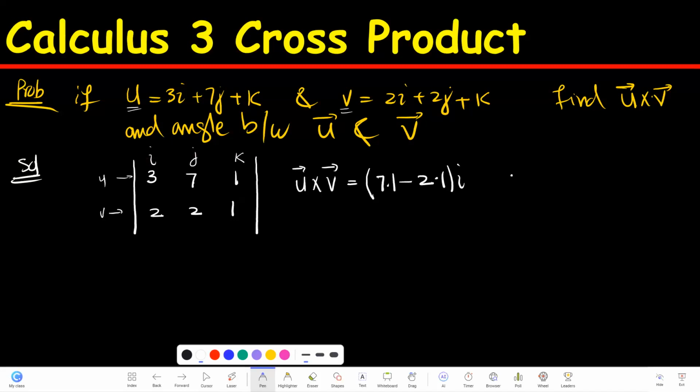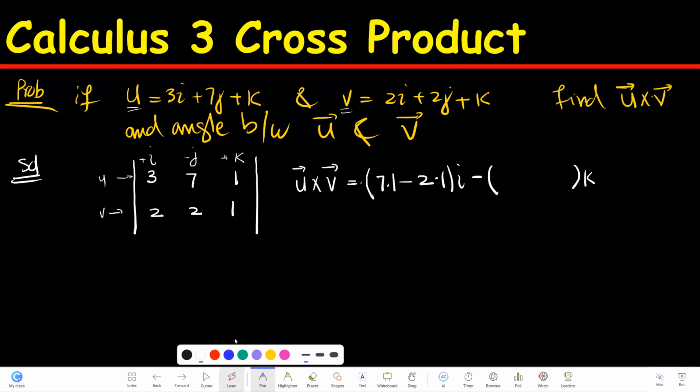Then it's going to work like this: plus, minus, plus. The second quantity, I'm going to be using the sign from the formula. This minus came from the formula. This is how you solve the determinant: plus, minus, plus. So the first one is plus, the second one minus, the third one will be plus. And I'm going to write the second component.